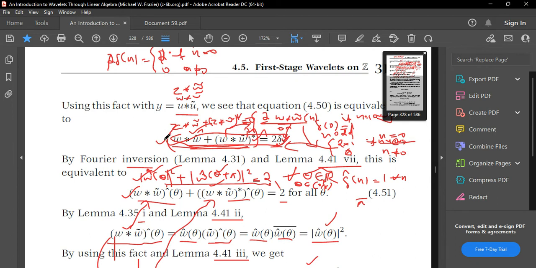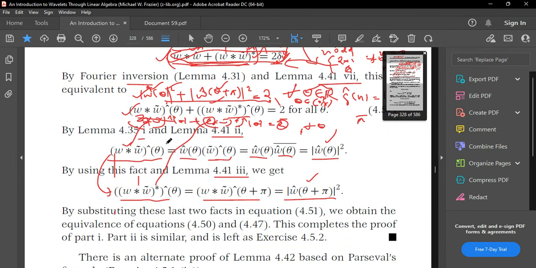Now it is an infinite set, so it is a Fourier transform. Taking the Fourier transform of this equation, we will get z star w tilde cap of theta plus z star w tilde star cap of theta equal to 0 for all theta.